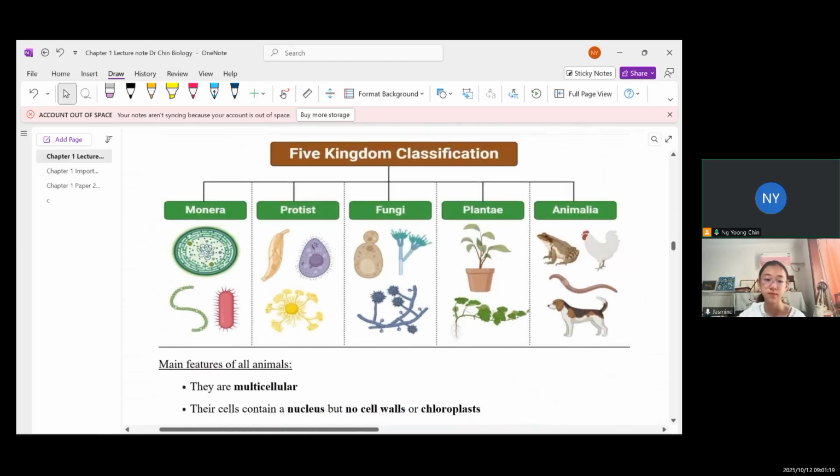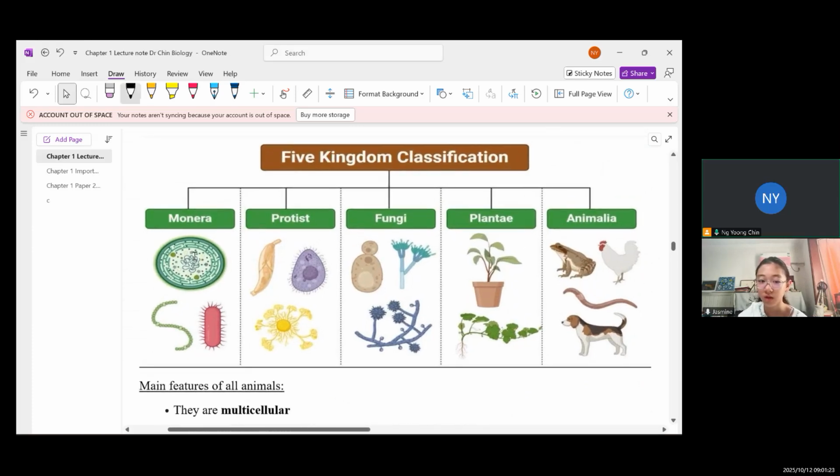See, the 5 kingdoms of the classification, starting from Monera. Monera refers to the bacteria. The other kingdoms are protists, fungi, plantae, animalia. So those are the examples of the kingdoms. In total, there are 5 kingdoms.